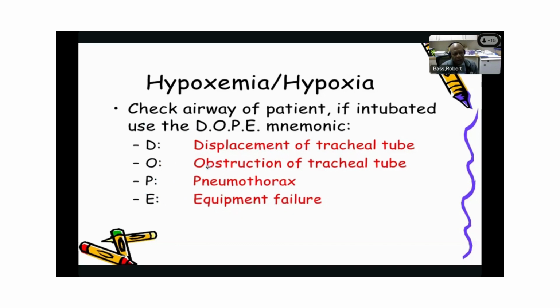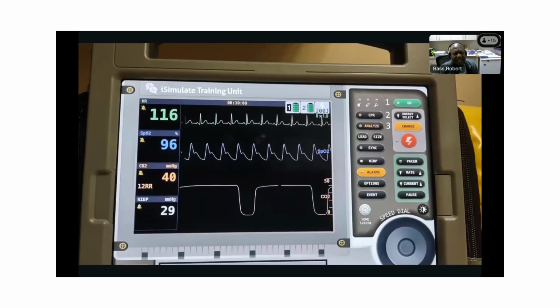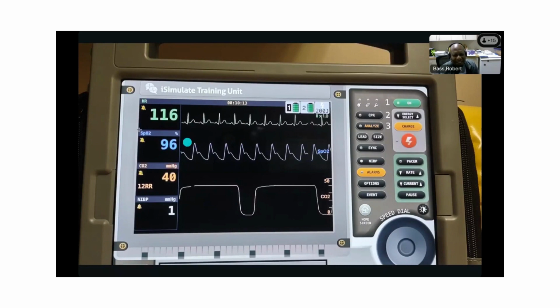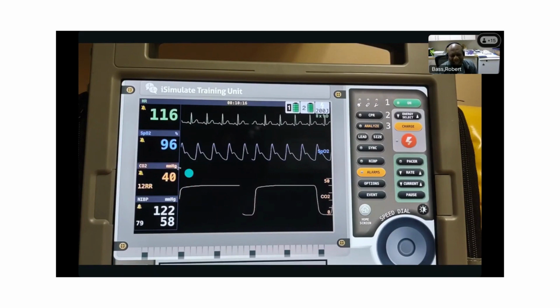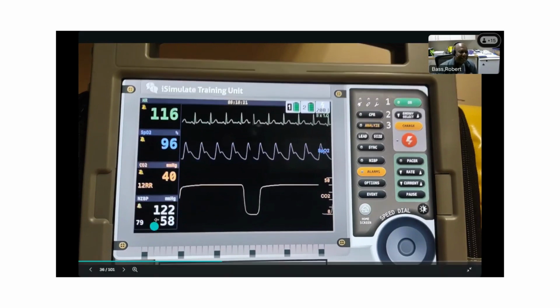So you successfully suction your patient, or our ALS providers do. You reassess the vital signs. His heart rate has dropped back to 116. His O2 sat has improved. His end tidal is back to where it was. His blood pressure has dropped to 122/58, and you've got a MAP of 79 after suctioning the patient.